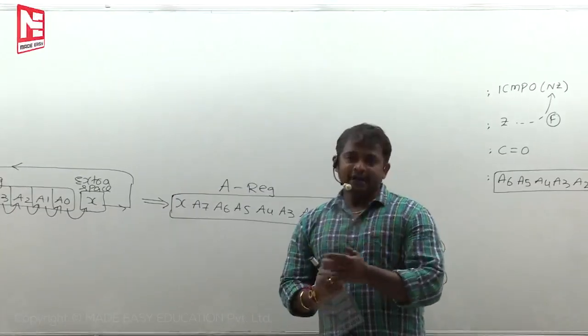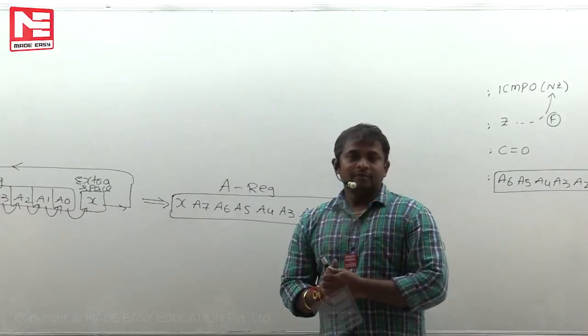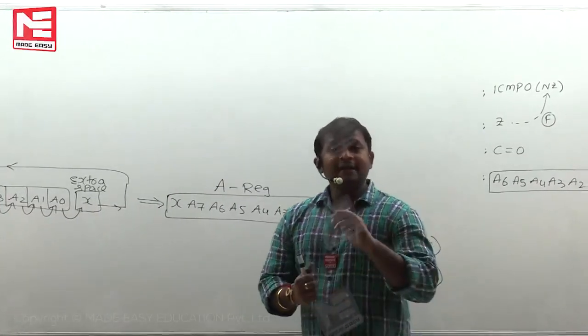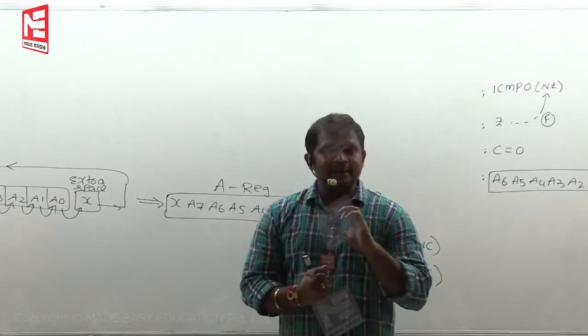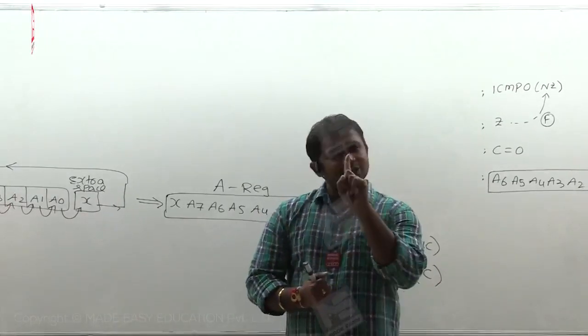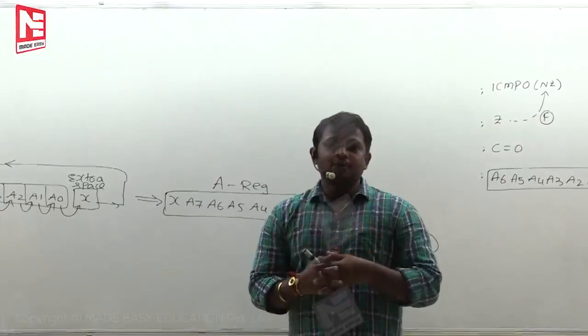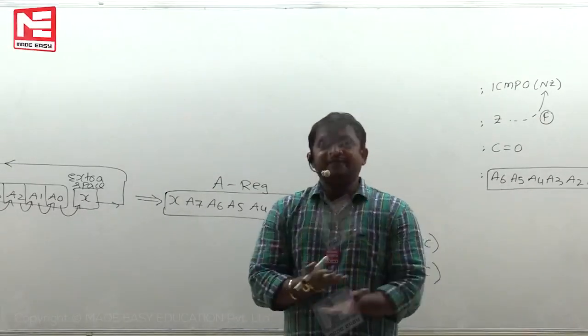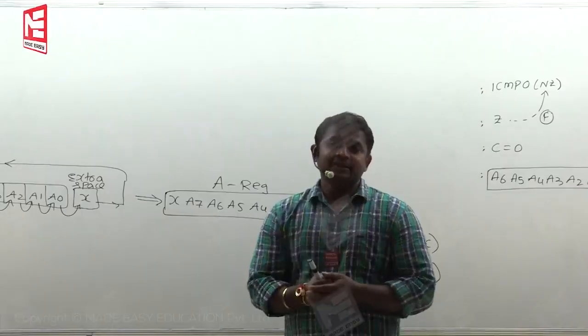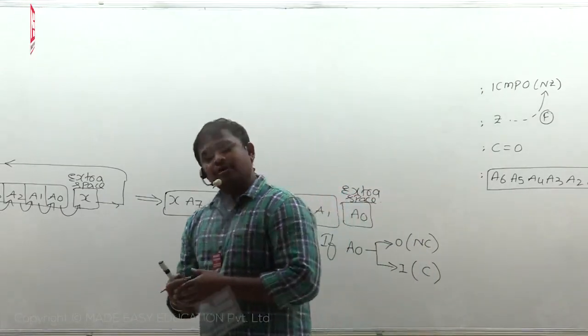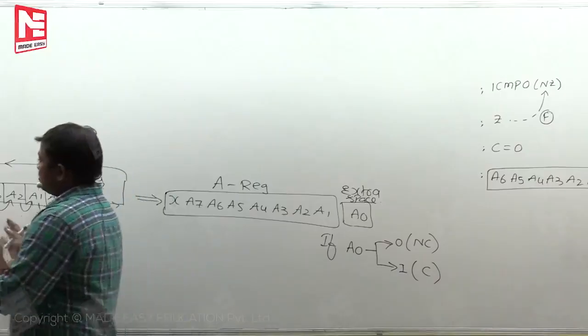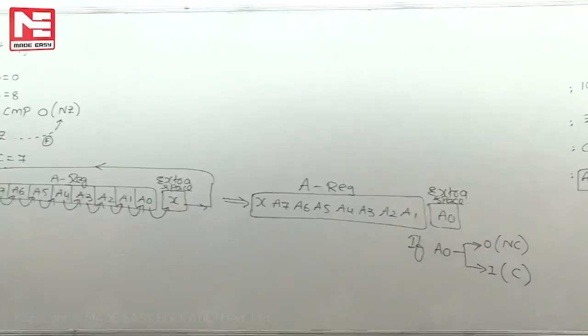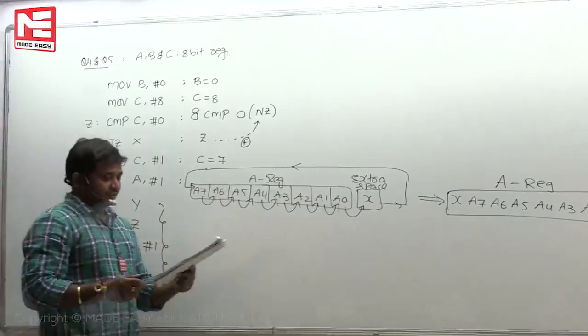After every bit reading, the B register will be incremented when the A register bit status is 1. So at the end of program execution, the B register contains the count of the number of ones in the A register. Got the point? By using this logic, we can answer the question.